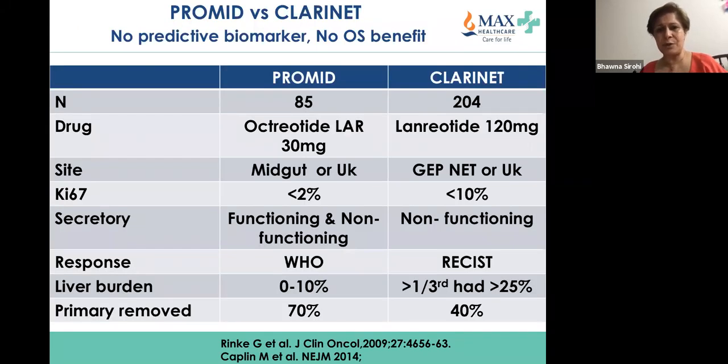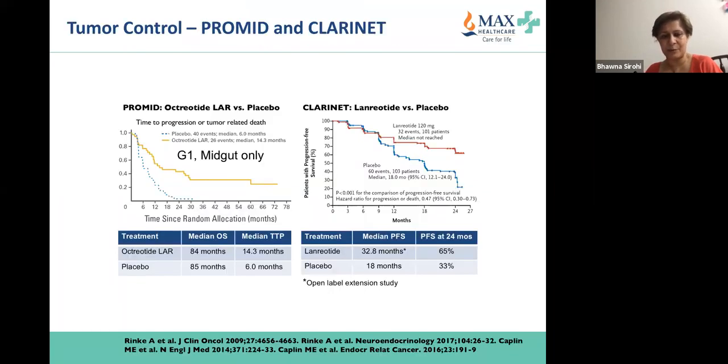These were the 2 trials actually for the medical oncologists. This is very important: CLARINET and PROMID. CLARINET had lanreotide and CLARINET had GEP-NETs. That's why I was saying that even though the octreotide was only in mid-gut, we tend to use it in pancreatic tumors as well, because lanreotide is not available in India. And 70% in the PROMID trial had the primary removed, while in CLARINET about 40% had the primary removed.